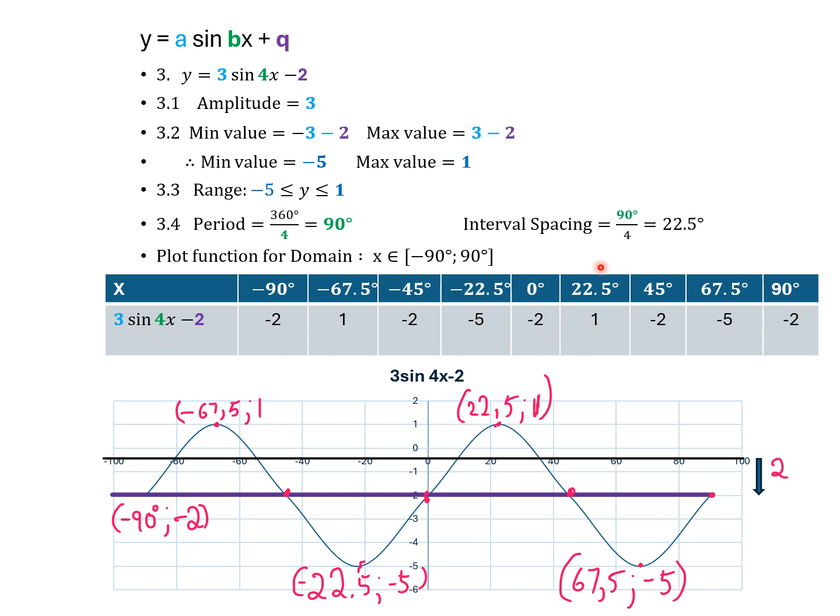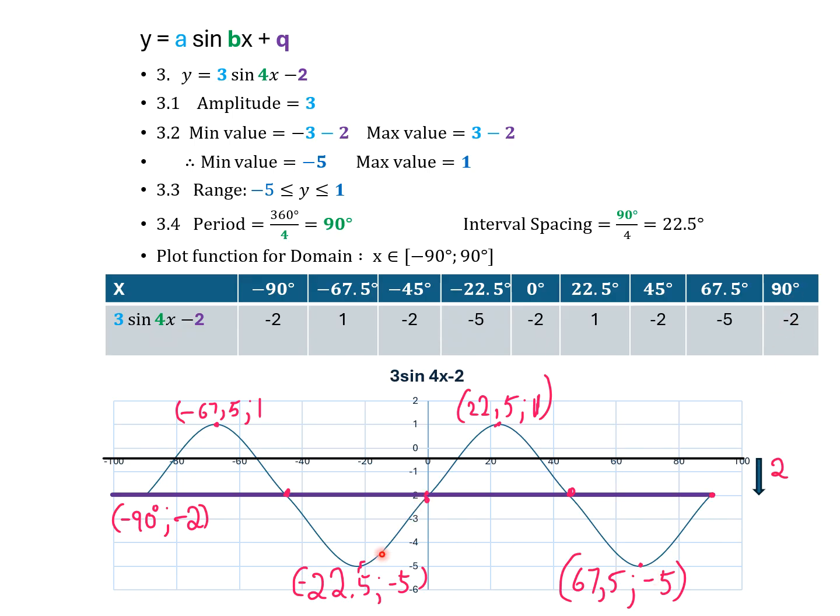If we look here at this graph now, that minus 2 means where the point 0 and 0 is, the graph had to move 2 units down. If we look there, my new coordinate is not 0 and 0, but 0 and negative 2. Then from there we have 22,5 and 1. Then we have 45 and negative 2, 67,5 and negative 5, and 90 degrees and negative 2.